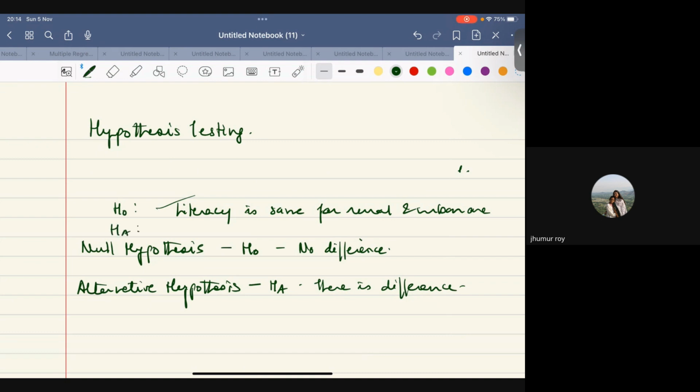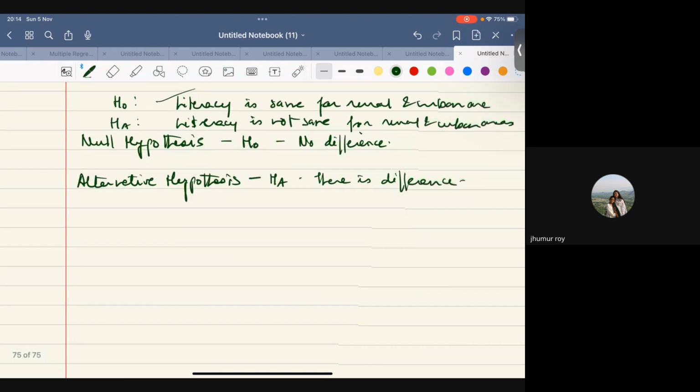The alternative hypothesis will be that literacy is not the same, is different for rural and urban areas. So whenever we write a hypothesis, we will always be writing these two hypotheses. One is called your null hypothesis. The second is called your alternative hypothesis.